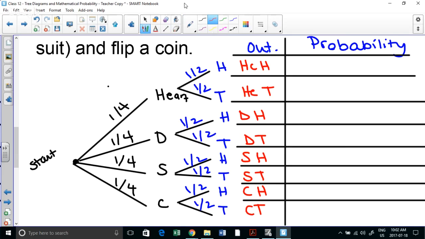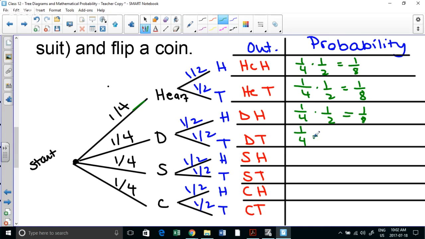So now we do each of the probabilities. So we follow the branches. So this is 1/4 times 1/2, which is 1/8. Same thing here. We get 1/4 times 1/2, which is 1/8. In this case, they all end up being 1/4 times 1/2, which is 1/8.